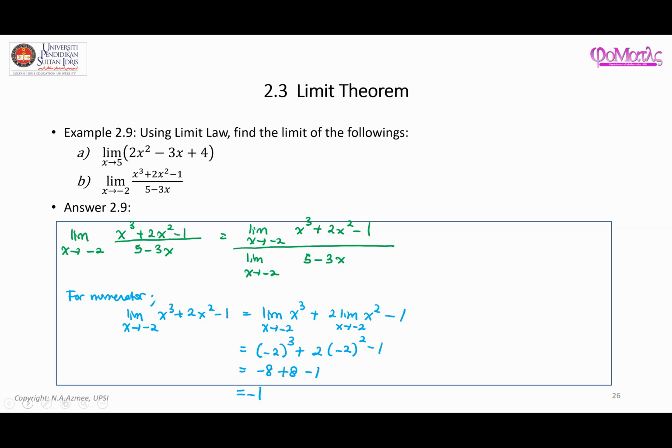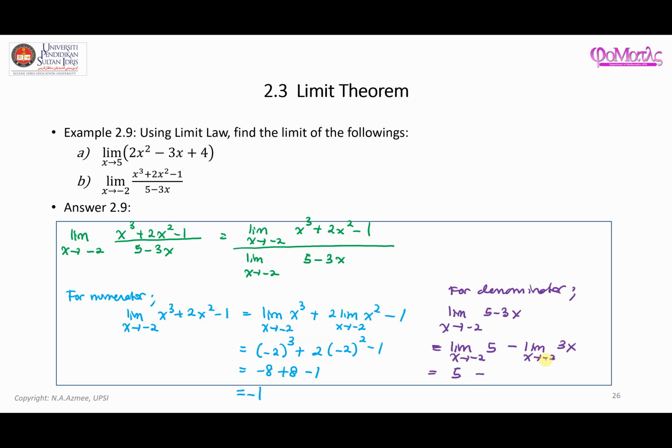Okay, so for denominator, the limit of that function when x approaches -2, so this function here is 5 minus 3x, and this is equal to having limit x approaches -2 for 5 minus limit x approaches -2 for 3x, and this is equal to 5 minus this one.